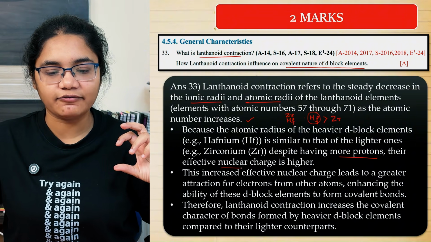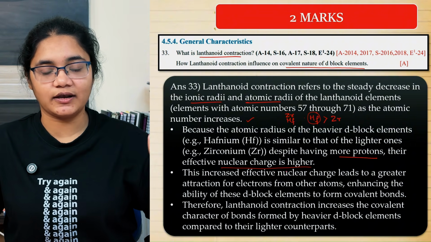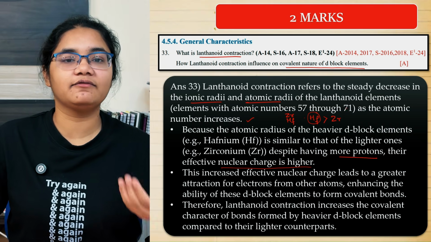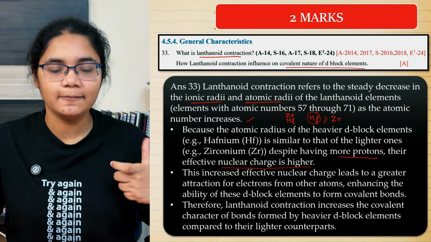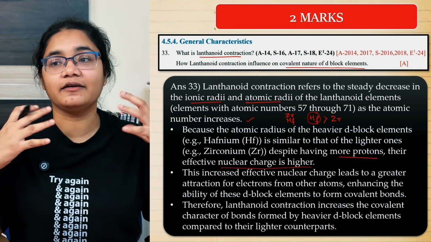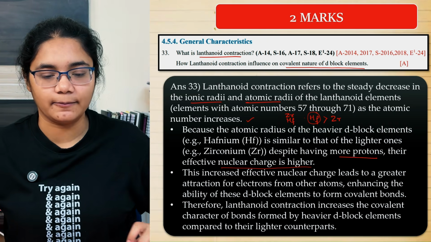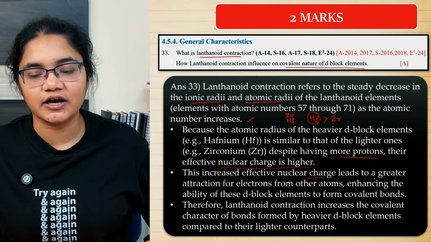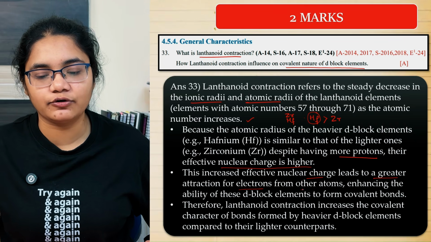So their effective nuclear charge is higher. Now if you talk about the effective nuclear charge to size ratio, here the size is less, charge is more, so that is why hafnium has greater effective nuclear charge. This increased effective nuclear charge leads to a greater attraction of electrons from the other atoms.